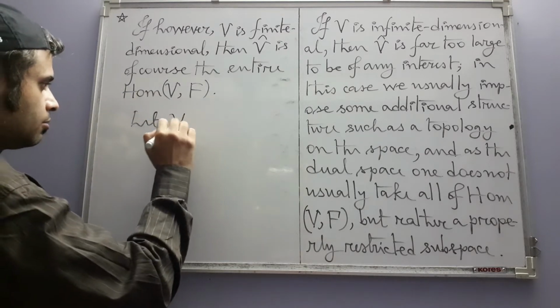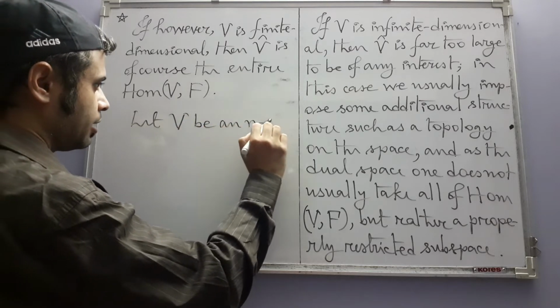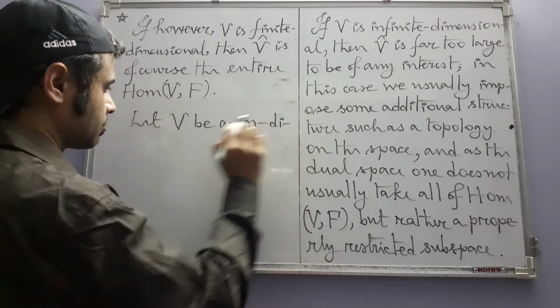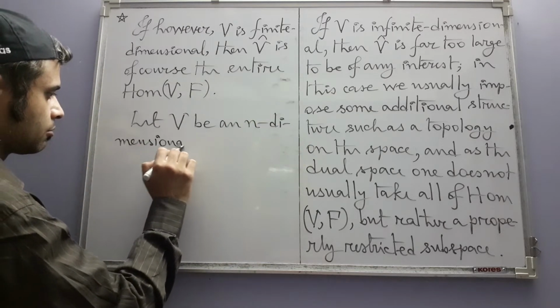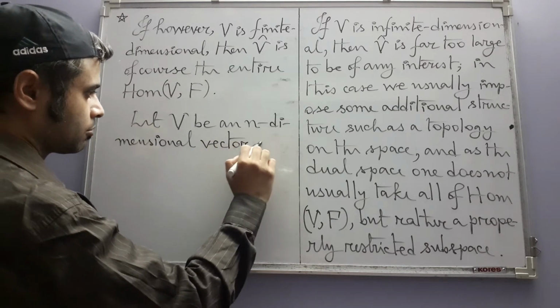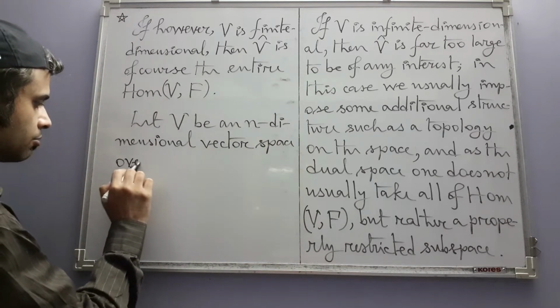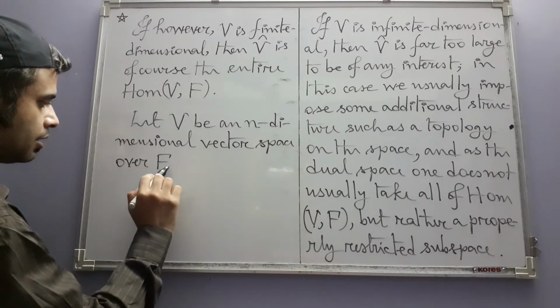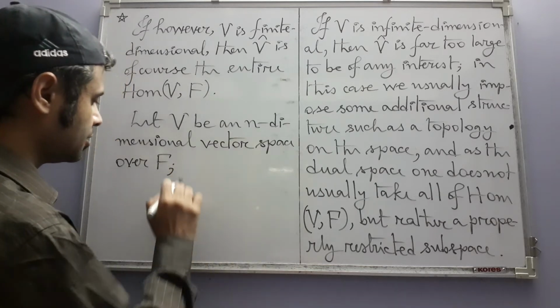Let V be an n-dimensional vector space over some field F. So there will be some basis having n elements.